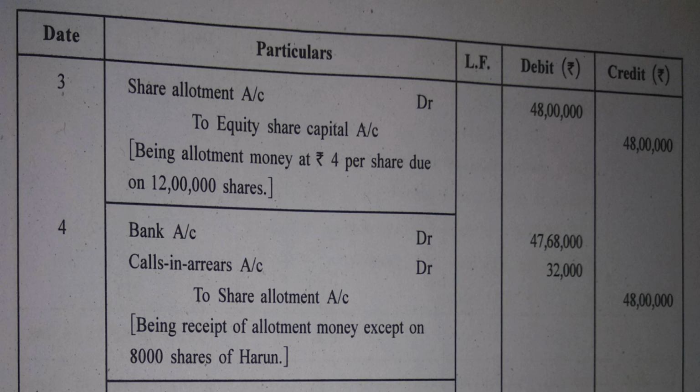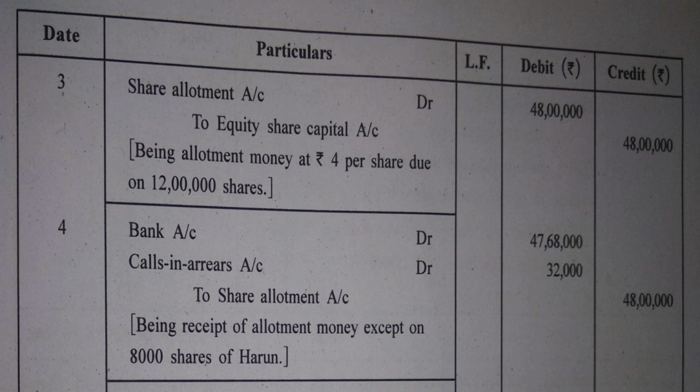Now there is a shareholder, Harun, having 8,000 equity shares and fails to pay allotment money and final call. Yes? So obviously this is a concept of call in arrears. So the next journal entry is for receipt of allotment money, in which we are also going to highlight call in arrears.